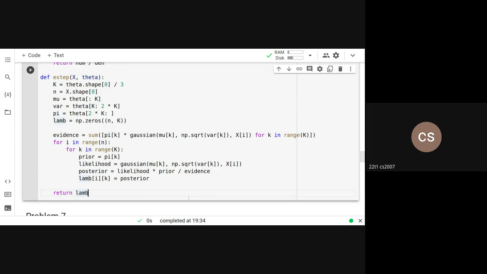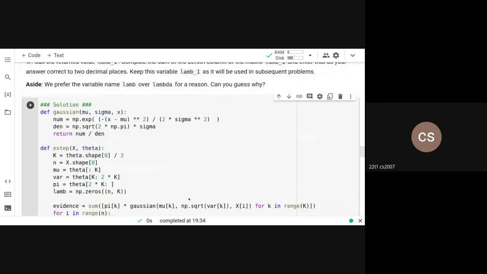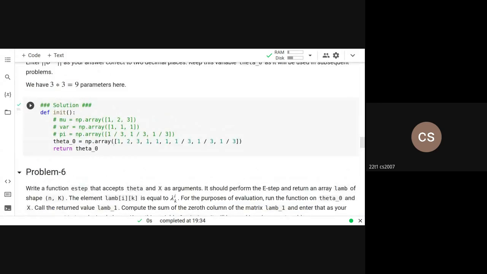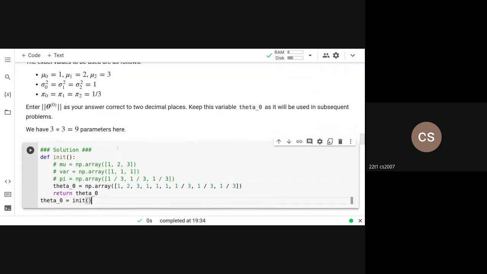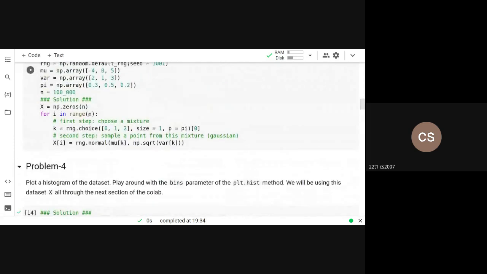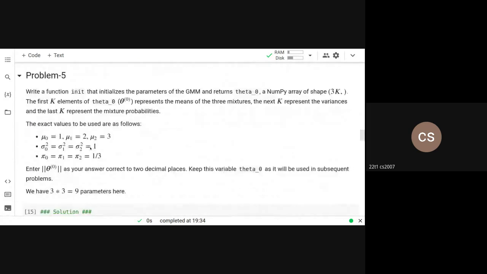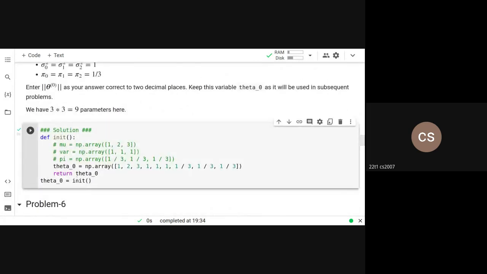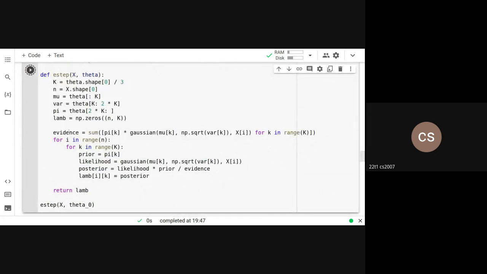Now if you run the E step on theta naught, let's say we started off with some initial theta naught. Let me write it down: theta naught is equal to init of x, where x is what we already generated from our GMM. If I initialize theta naught like this and run my E step on it, I am getting an error.